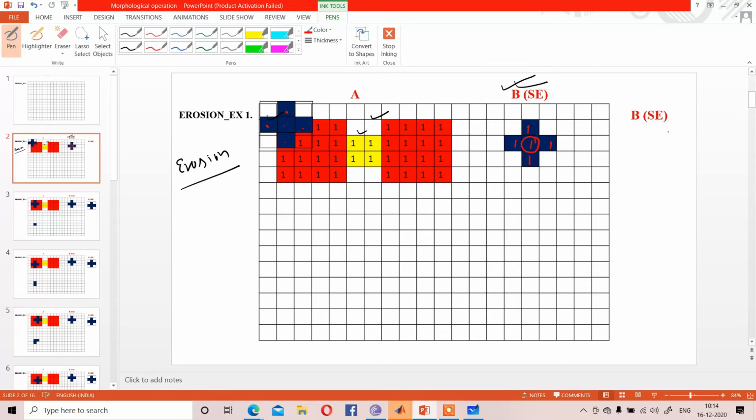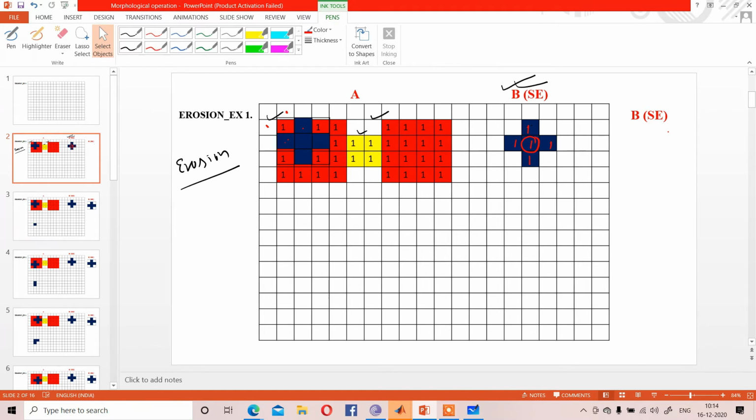So what portion will we consider? If we can map the structuring element so that each and every point of the structuring element is completely mapped over the given image, if that condition is satisfied, then the center point will give you a point of the eroded result.